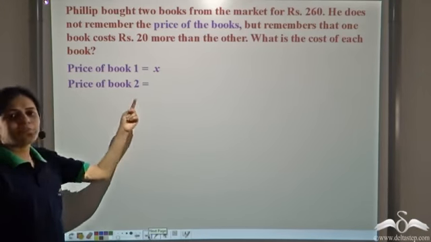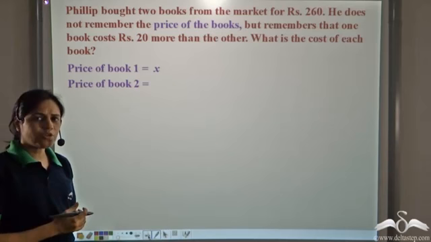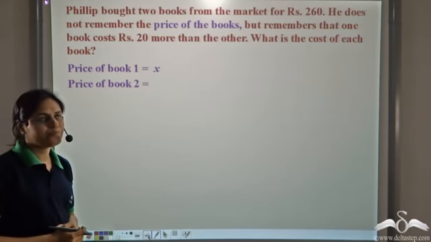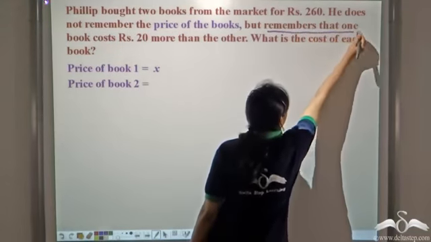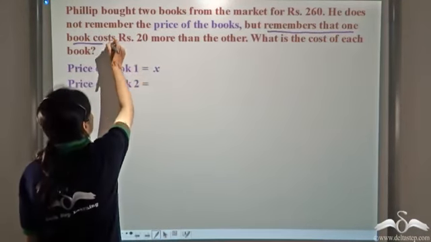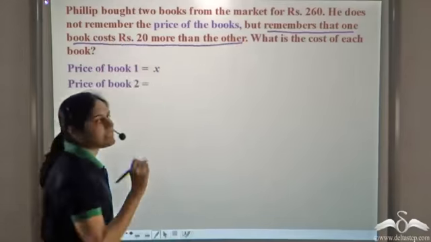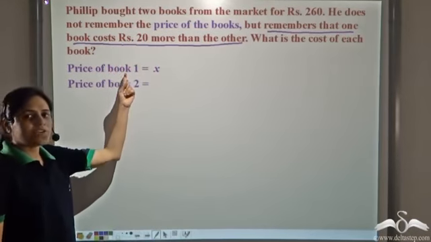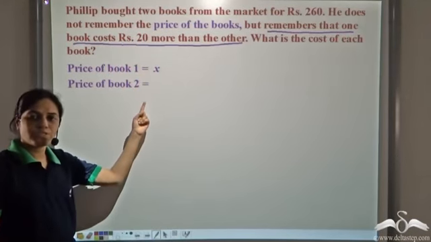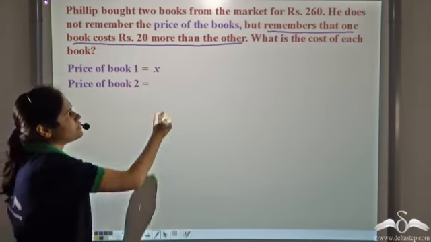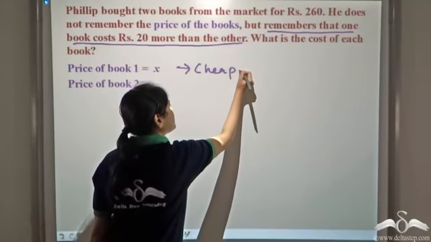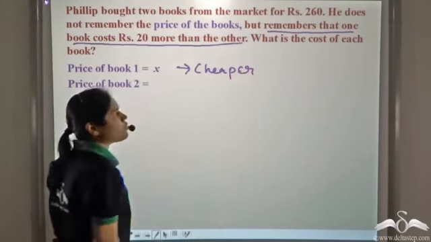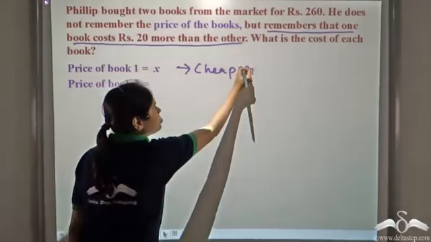Now, what about the price of book 2? Do we know anything about it? Well, Philip remembers that one book costs rupees 20 more than the other. So there is a relation between the prices of the 2 books. Let us assume that book 1 is the cheaper book.